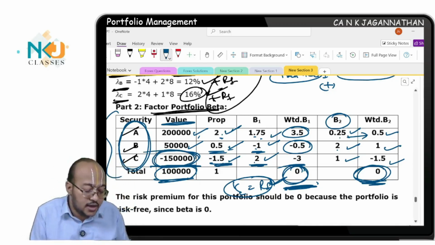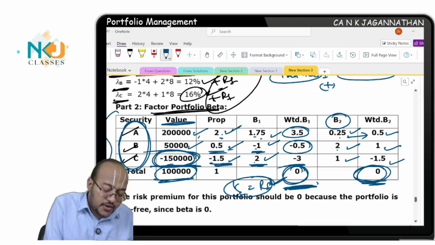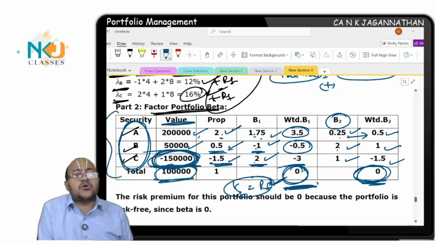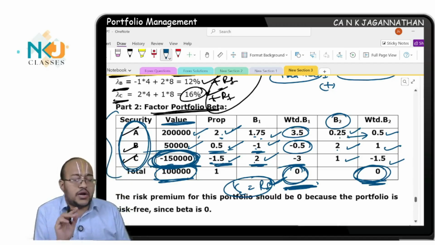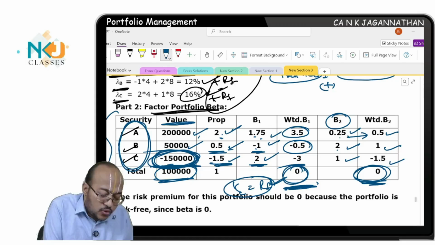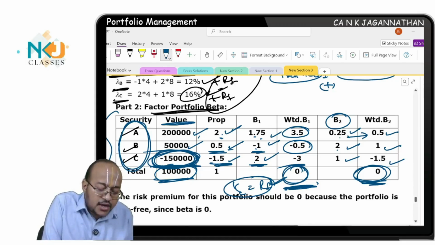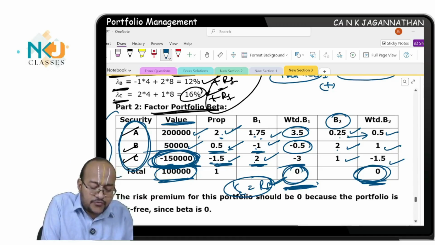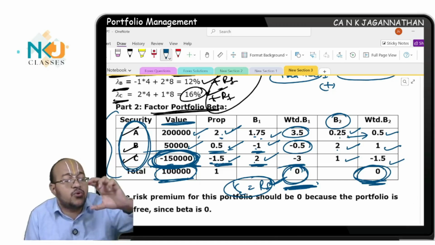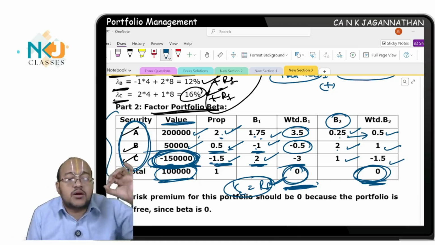Are you all listening? If we had borrowed this 1,50,000, then at what rate could we have borrowed? Not at 0%. You could only borrow at the risk-free rate. If you borrow at the risk-free rate, the weighted portfolio risk premium will never come to 0.